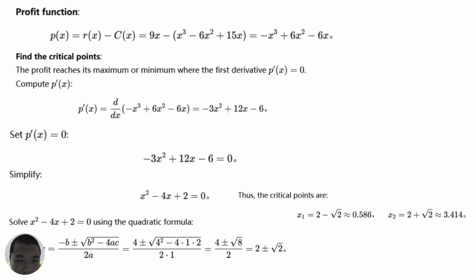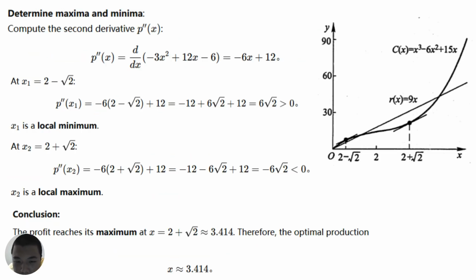We need to find the critical points, so we find the derivative of P(x), and set the derivative of P equal to 0. We need to solve this. It's not a beautiful number. We can find that x1 equals (2 - √2)/2 and x2 equals (2 + √2)/2.